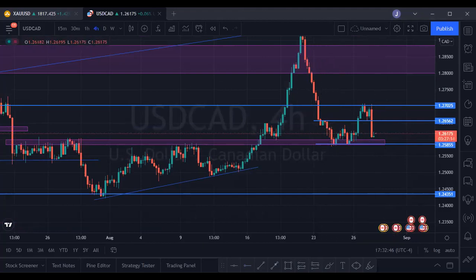So possibly I will be looking at setting a sell limit order at 26,562 or 26,430 because I'm expecting something like this. I'm expecting a move to these points, then down to the support.